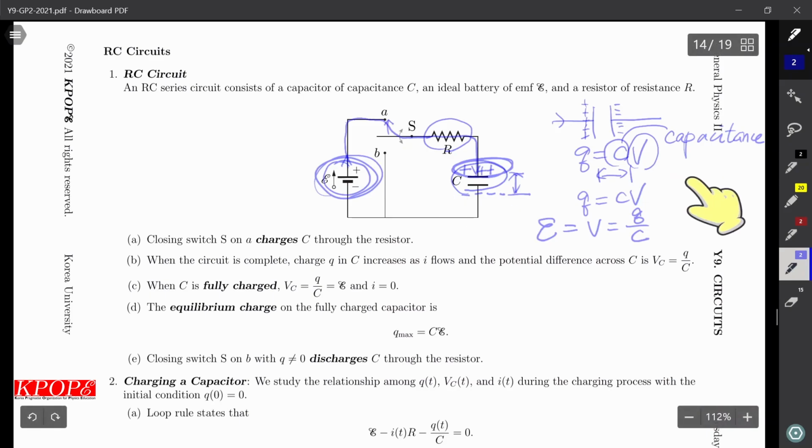At that stage, this potential gain becomes potential loss, and that equal amount.